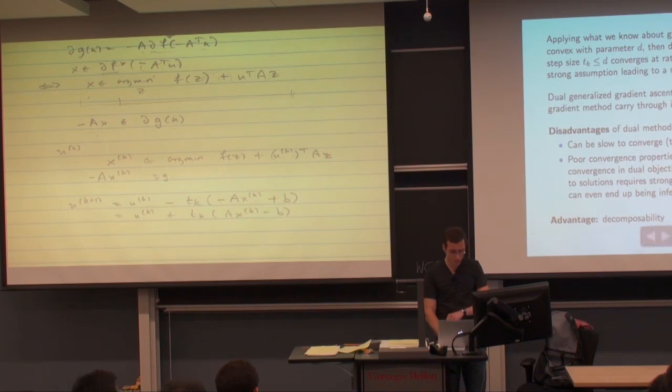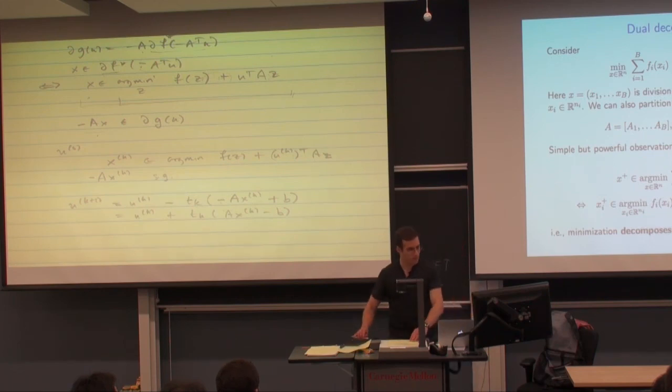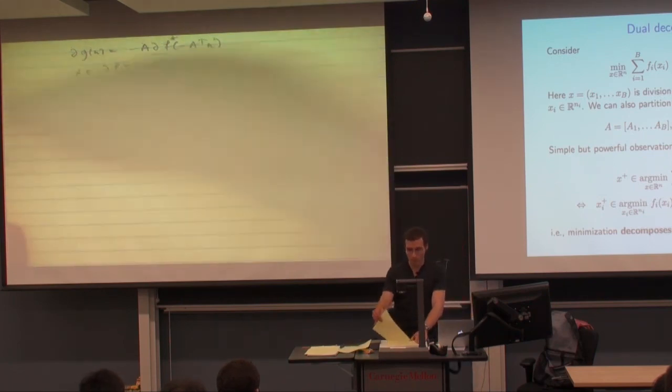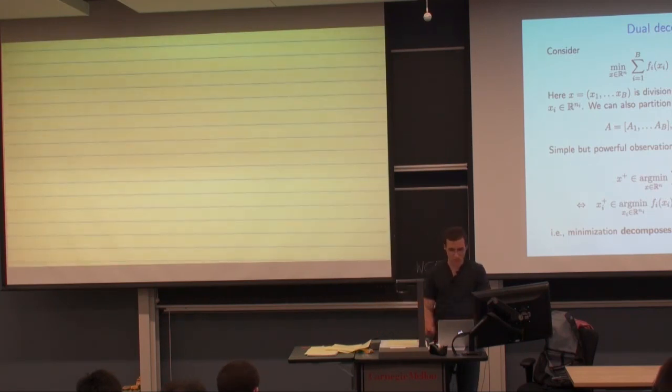But it has one big advantage, and that's decomposability. We're going to stress this now, and like I said, we'll get back to decomposability next time, but dual decomposition is also a pretty neat application of duality. It's very simple.